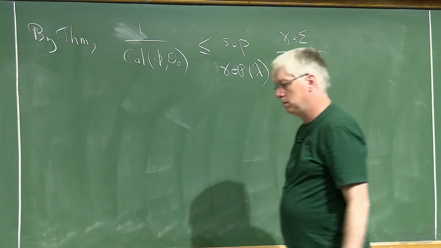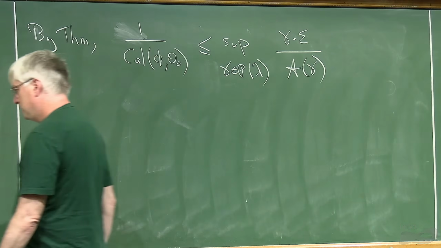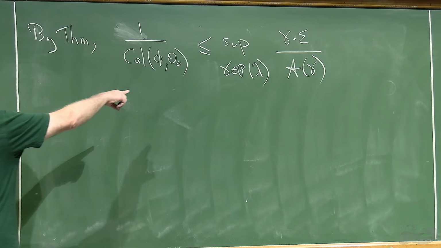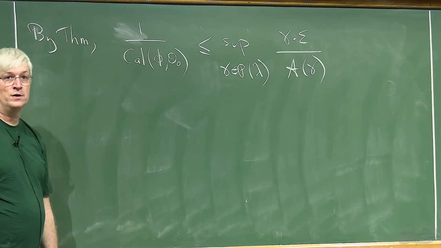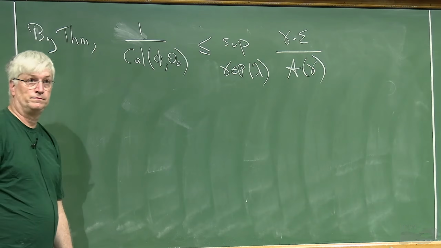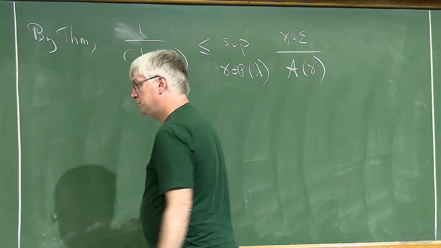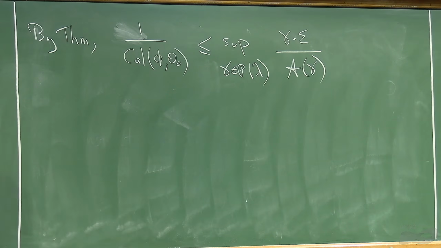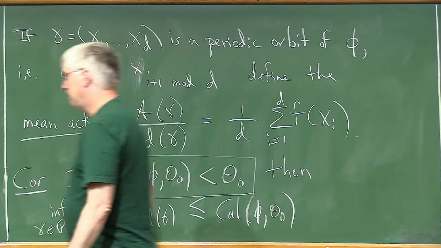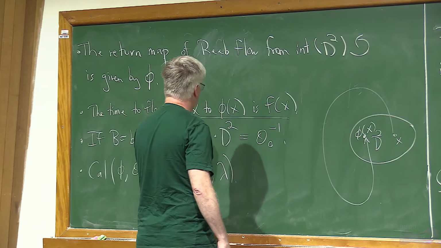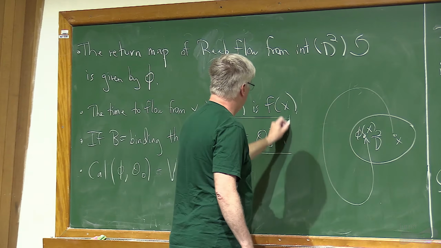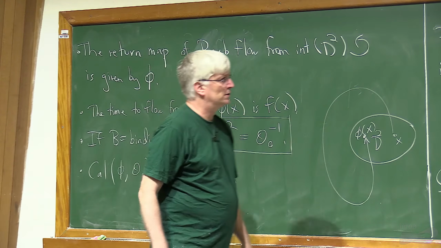Now, we have to think about whether this supremum could be realized by the binding. Now, I assumed here that the Calabi invariant is less than theta 0. And I have over here that the intersection number of the binding with the disk is theta 0 inverse.